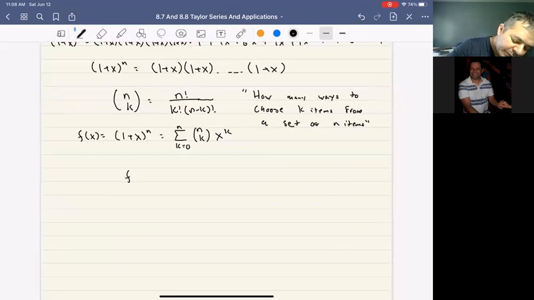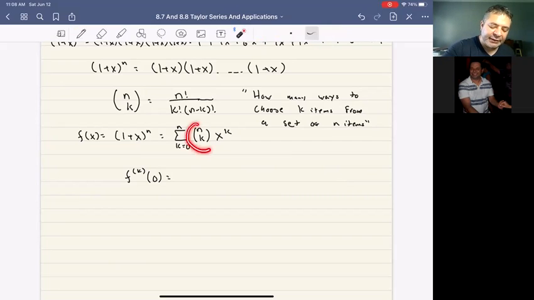So the kth derivative at 0 equals, remember this is 1 over k factorial times the derivative. So this is 1 over k factorial of the derivative of n choose k.